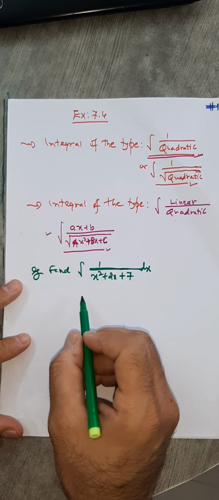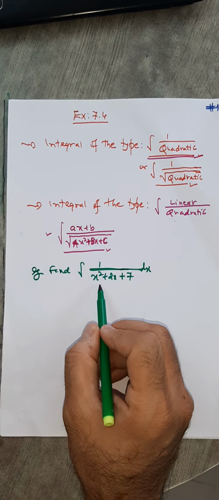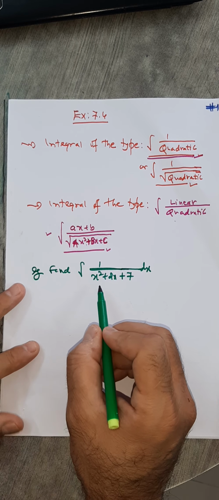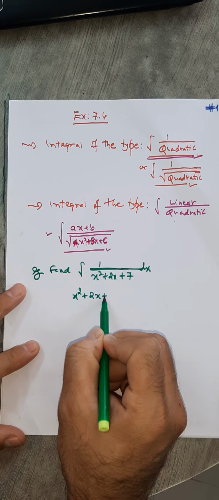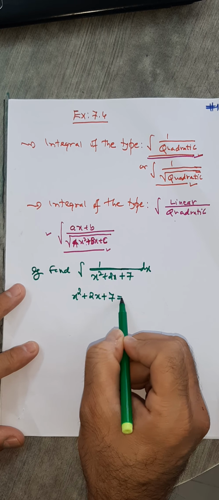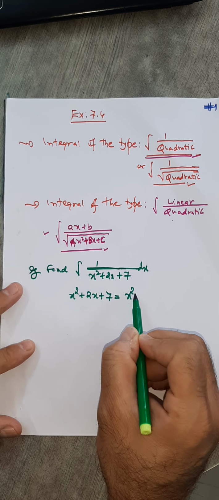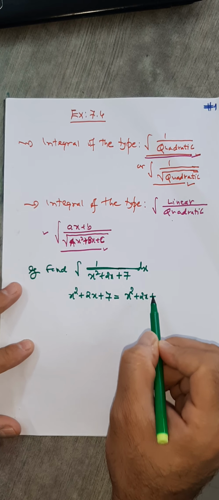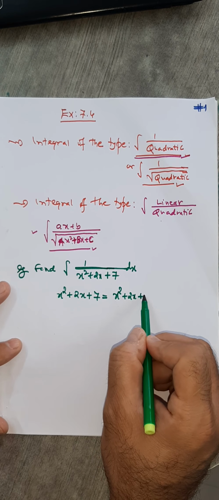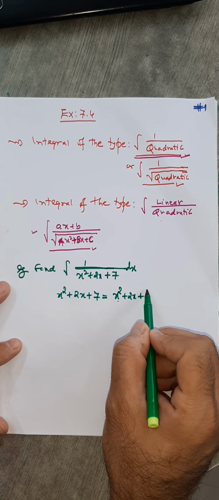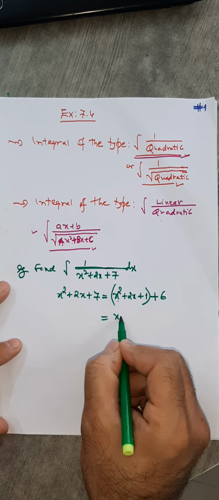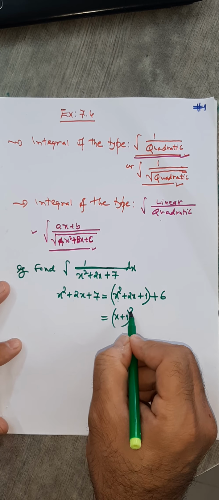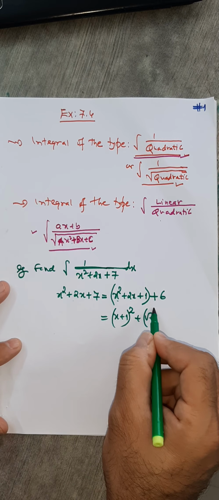Now this is 1 upon quadratic. Now here in integration we use this: every quadratic can be expressed as sum or the difference of the two perfect squares. So x square plus 2x, what should be the last term? That is 1 here to make it perfect square, plus 6. So this would be x plus 1 the whole square plus root 6 the whole square.